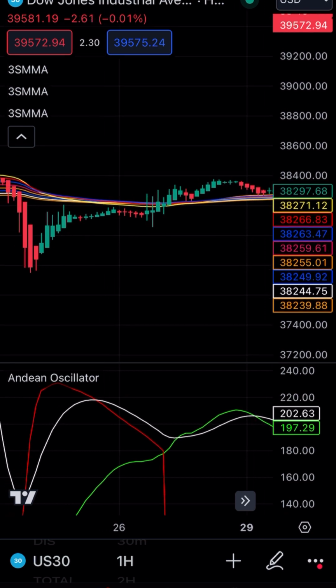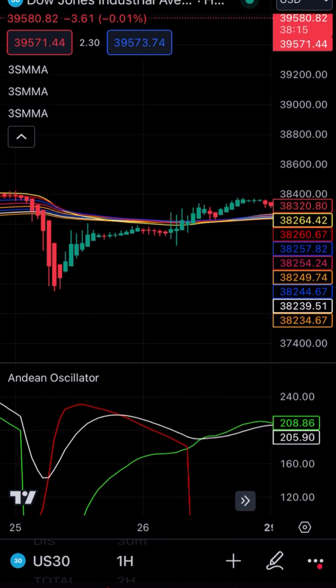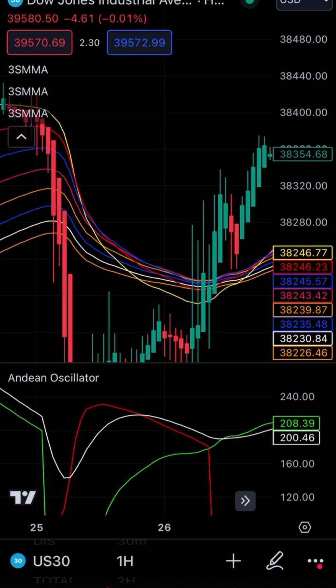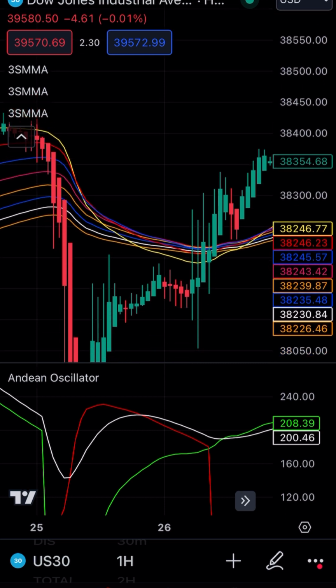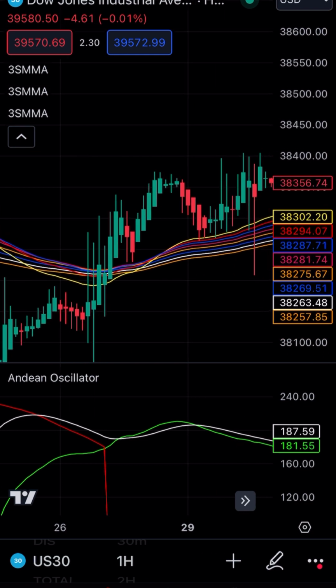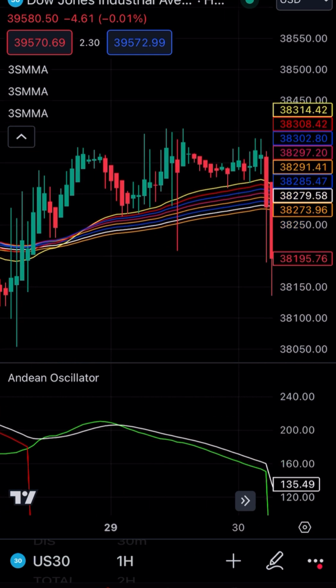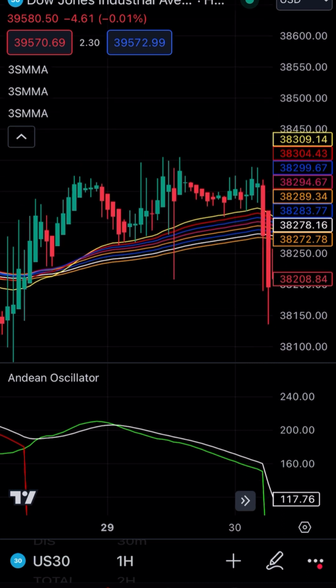So I like referring to the 80 oscillator just to confirm. It's easy to see what it's doing, but if the rainbow strategy is in a tangled mess, it's consolidation and it's not recommended. Wait till they actually straighten out a bit.